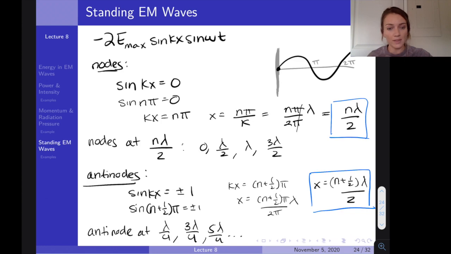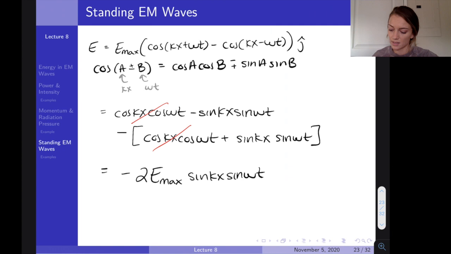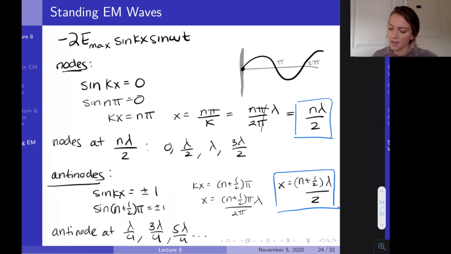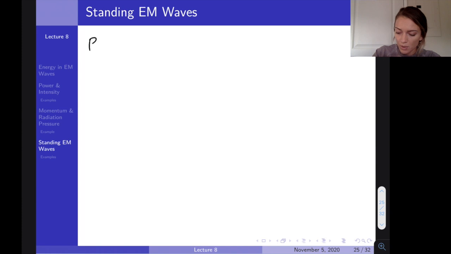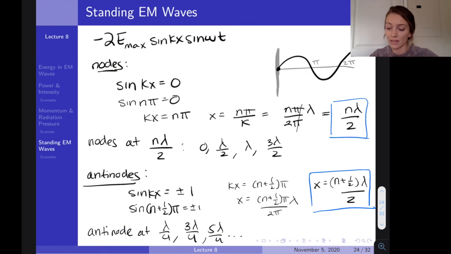And now let's look at the magnetic part. If you go through all the trig identities, now this is different because it has an extra negative sign here. Use the same trig identity, and you're going to find that the magnetic component actually ends up being cosine kx and cosine omega t, as opposed to the electric, which was sine kx and sine omega t.